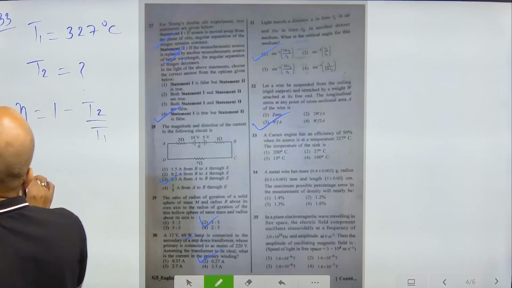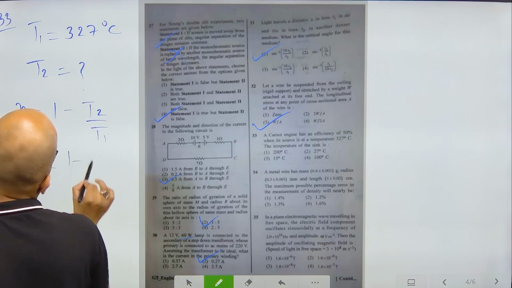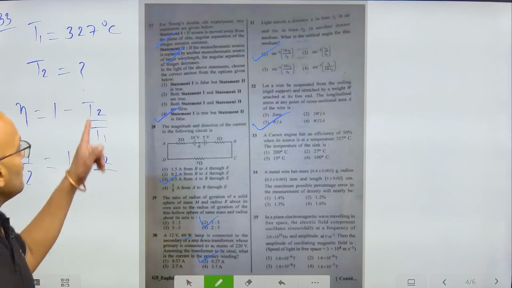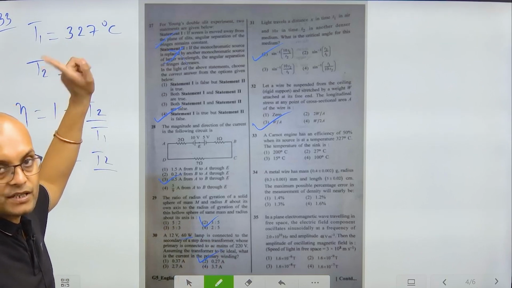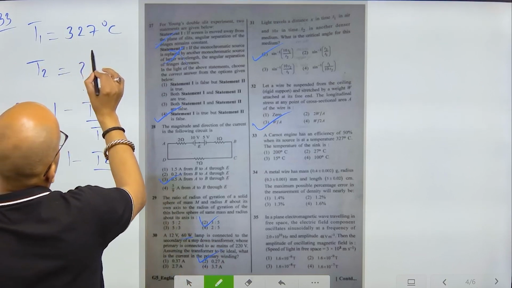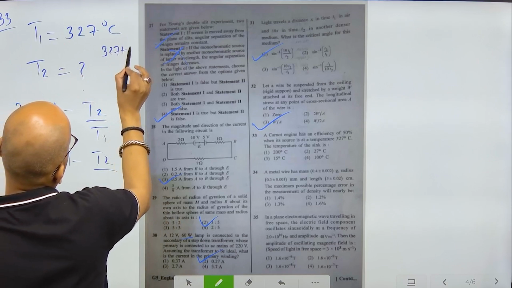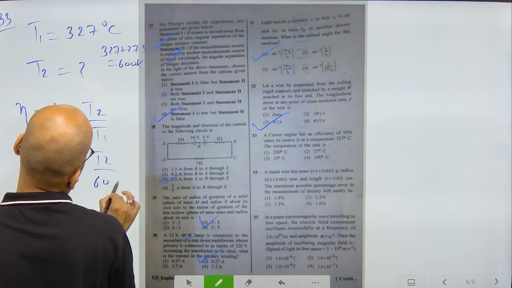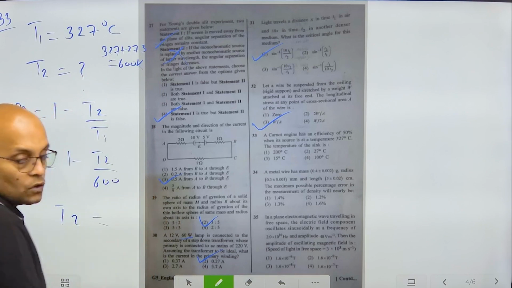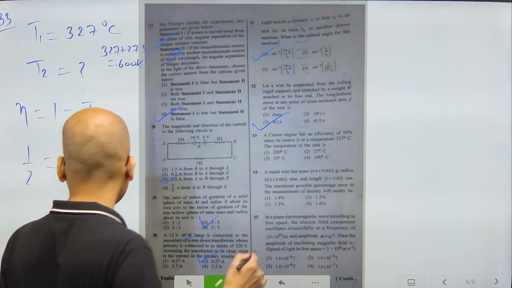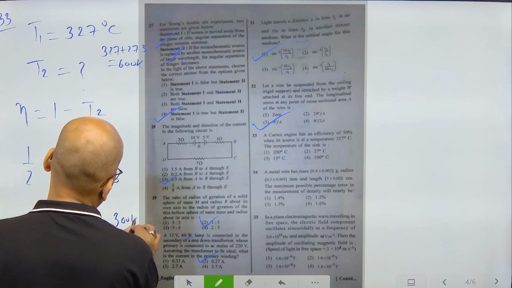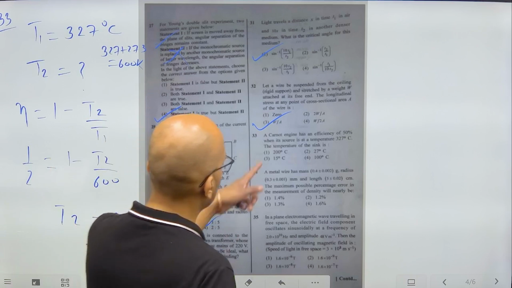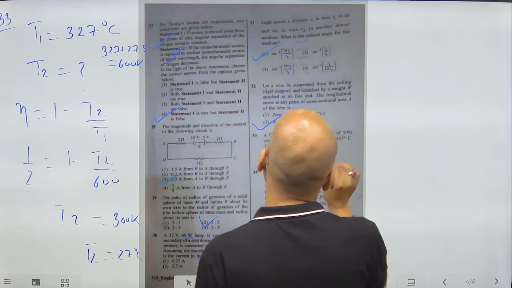Efficiency is 50%, convert it in fraction, 1 upon 2. And one more thing, you have to keep the temperature in Kelvin. So convert it. 327 plus 273, that is 600 Kelvin. On solving, T2 comes out as 300 Kelvin, that is 27 degrees centigrade, because options are given in degree centigrade. Option 2.